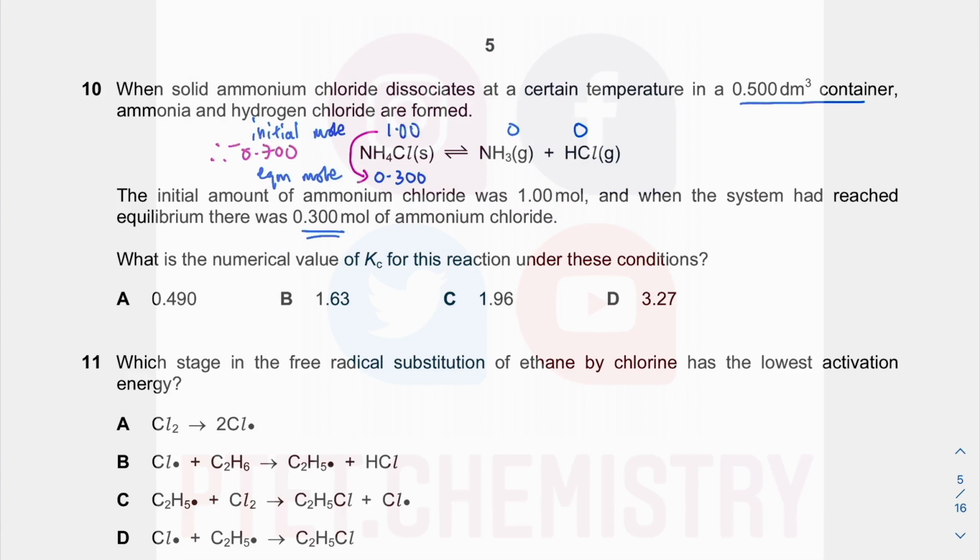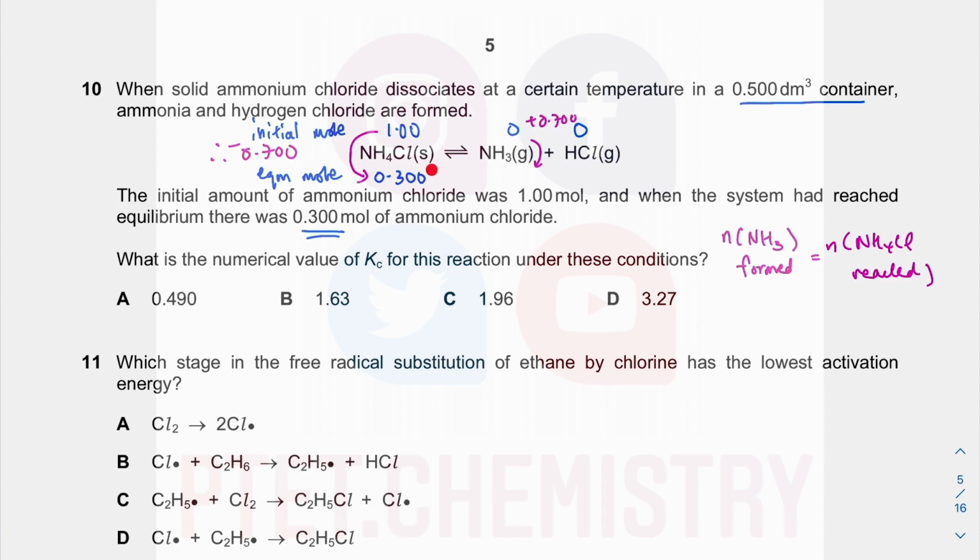0.700 mole has reacted. Okay, so 1 mole of this reacts to form 1 mole of NH3. So you reacted 0.700 mole, so therefore you need to add 0.700 because the mole of NH3 formed is equal to the mole of NH4Cl reacted.